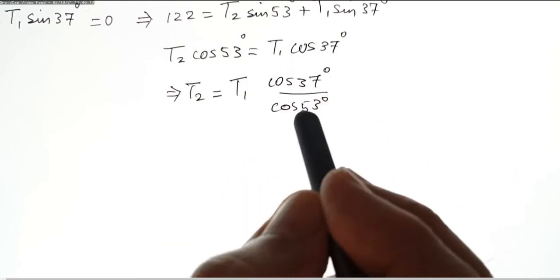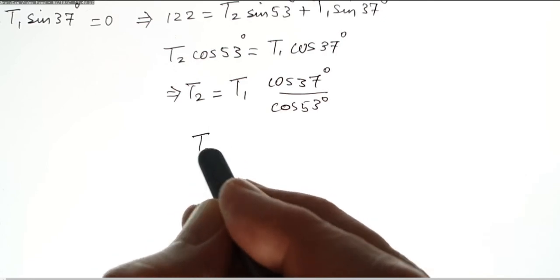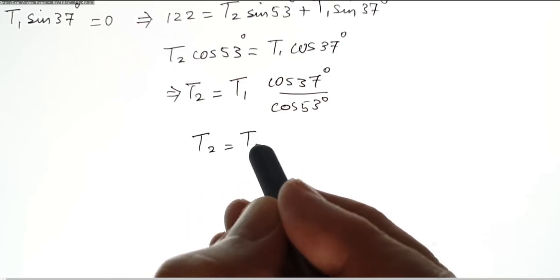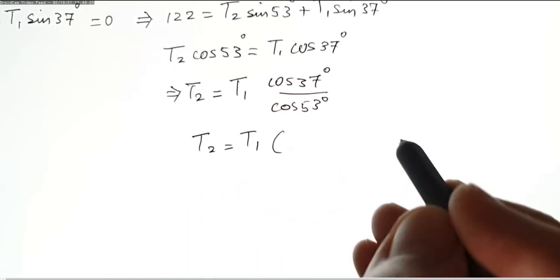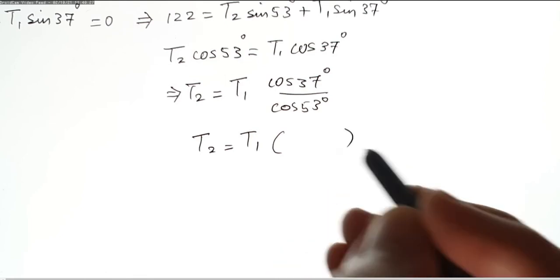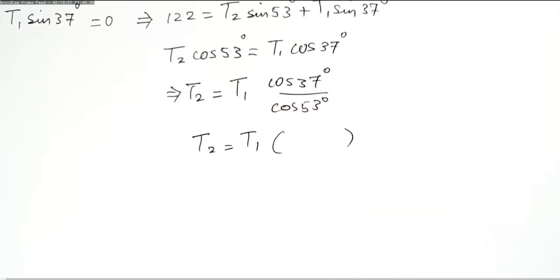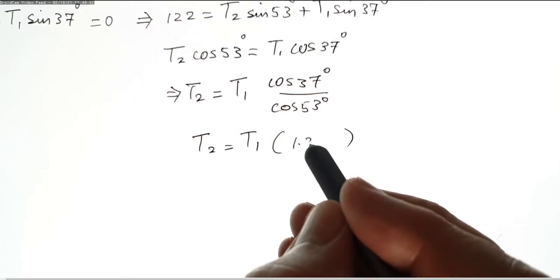What is this value? Can somebody calculate it for us? So T2 is equal to T1 multiplied by 1.32.